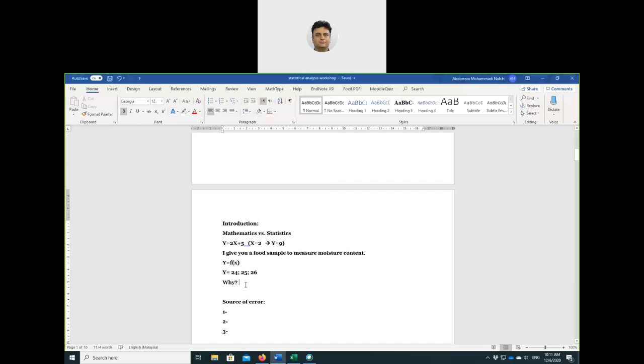Because we have error. We have error in measurement. In practical data, we have different types of errors, so due to errors we cannot reach the exact same data.